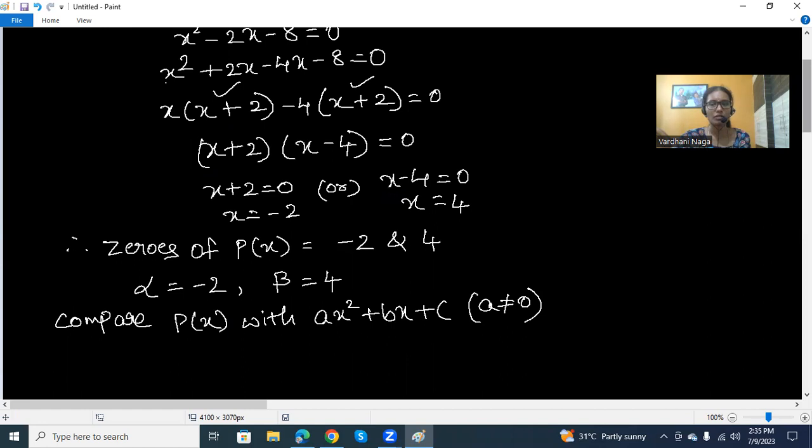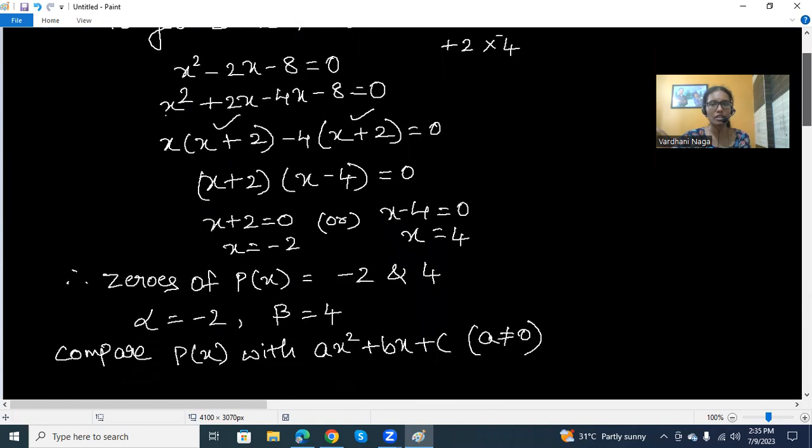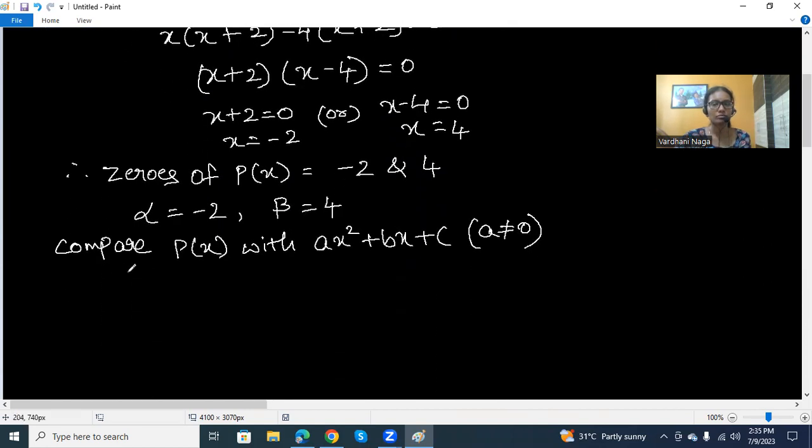What is p of x? x square minus 2x minus 8. So what is a when you are comparing? a value is 1, the coefficient in front of x square. Next, plus b value, x coefficient. So here x coefficient is -2. c value means constant. Here constant is -8.